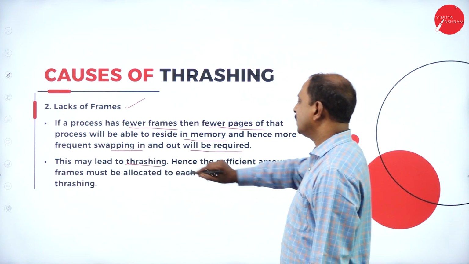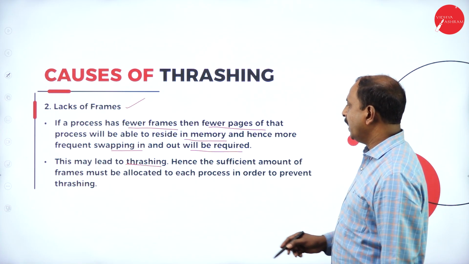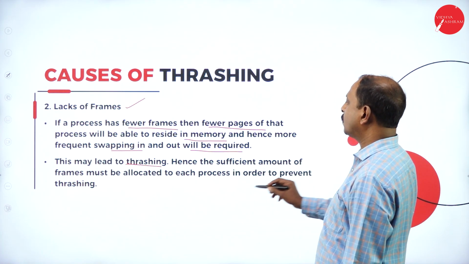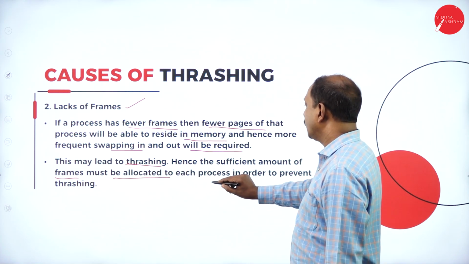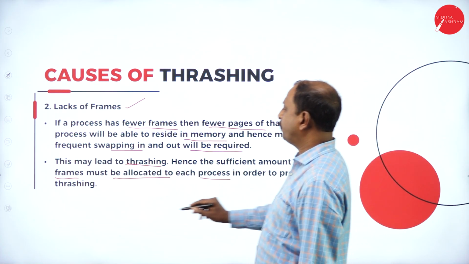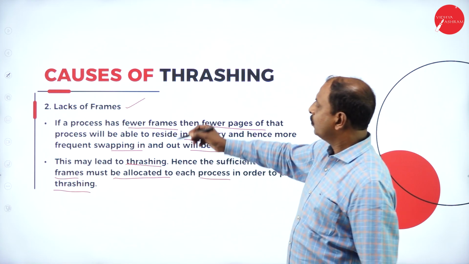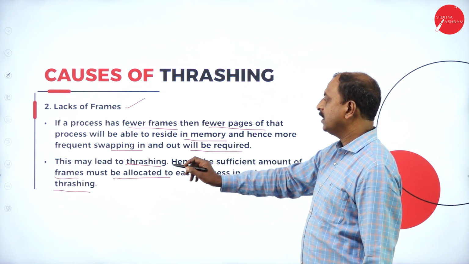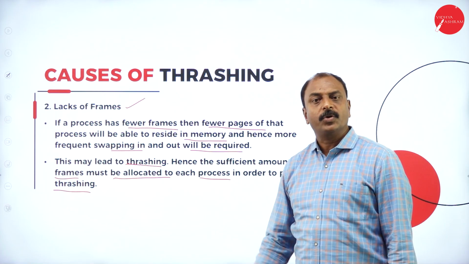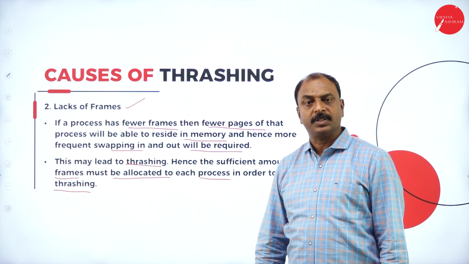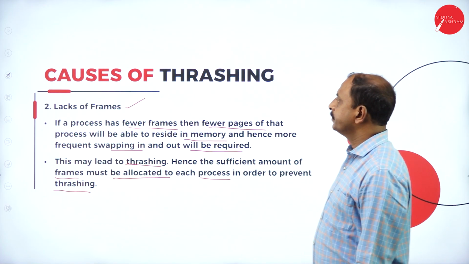Hence, a sufficient number of frames must be allocated to each process in order to prevent thrashing. How to avoid thrashing? By allocating enough frames to a particular process for processing.